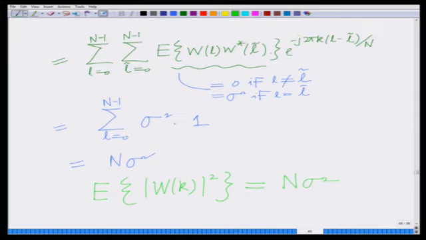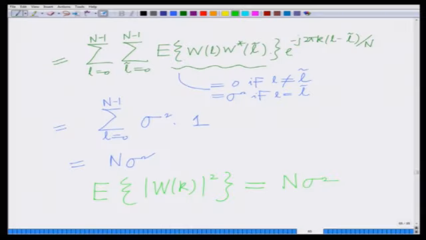So, what we have is that at the output of the FFT, the noise capital W_k is 0 mean and has a variance of n sigma square. Further, since each capital W_k is generated as a linear combination of the small w's, that is, a linear combination of Gaussian input noise samples, each capital W_k is also Gaussian.